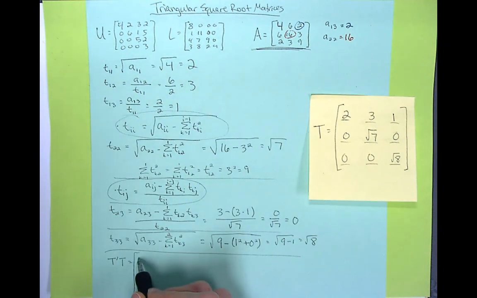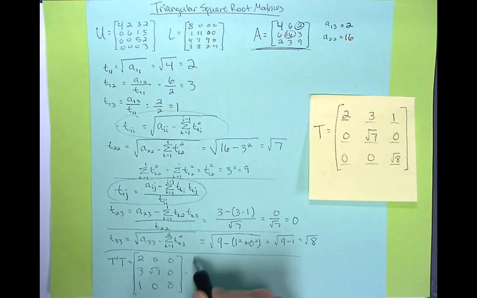So we're going to have 2, 3, 1 going down, 0, square root of 7, 0, 0, 0, square root of 8, times 2, 3, 1, 0, square root of 7, 0. This is going across, and 0, 0, square root of 8.